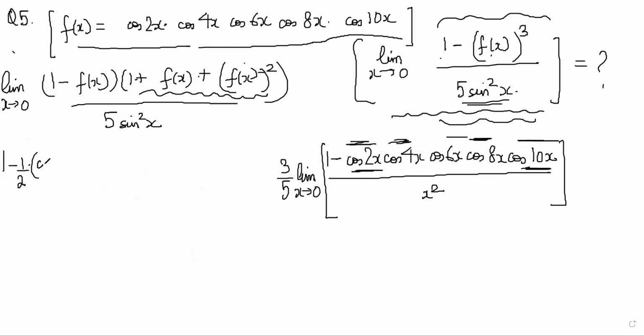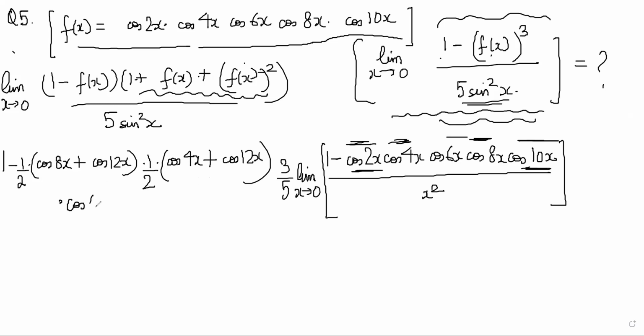So it will be cos C minus D, which is cos 8x, plus cos C plus D, so plus cos 12x. Multiply by half, 4 and 8 I'm doing, so cos 4x plus cos 12x, and multiplied by cos 6x. So it becomes 1 minus 1 by 4.